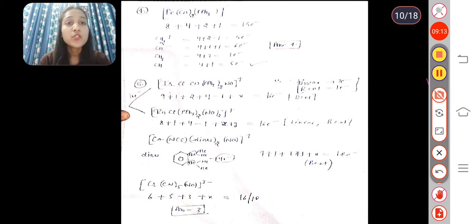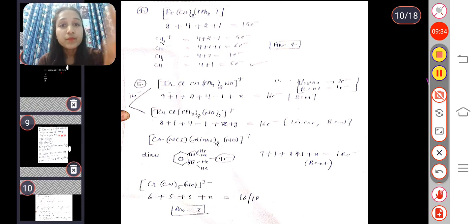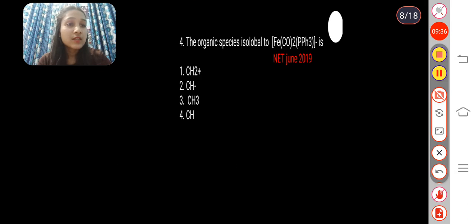In the first option we have a positive charge on CH2, so that is the concept of frontier molecular orbitals. Basically we don't take charged species here, so our correct answer is answer number 4, that is CH with 5 electrons, because it is isolobal to 15 electrons as they are correspondingly equal to each other. So here our correct answer is answer number 4, CH.